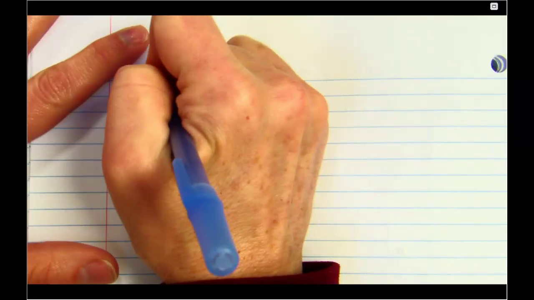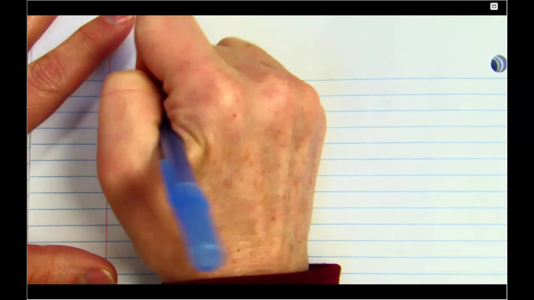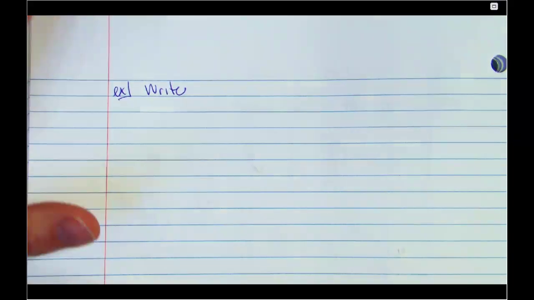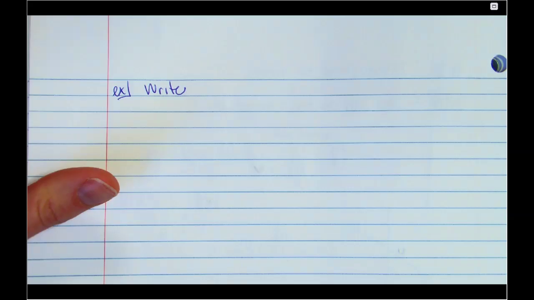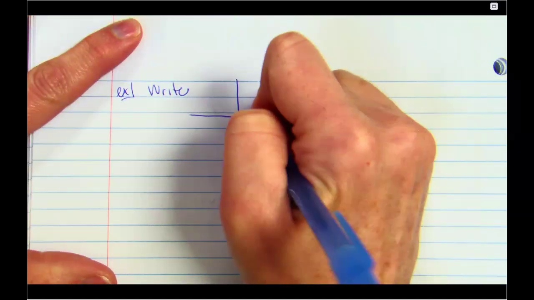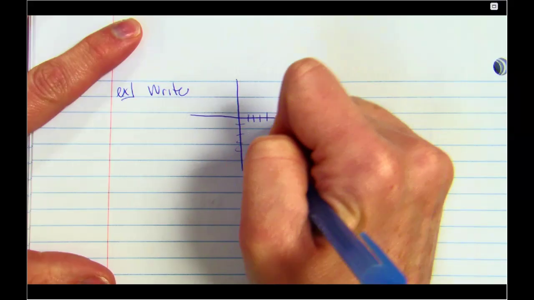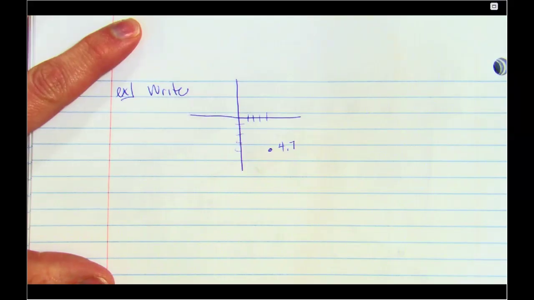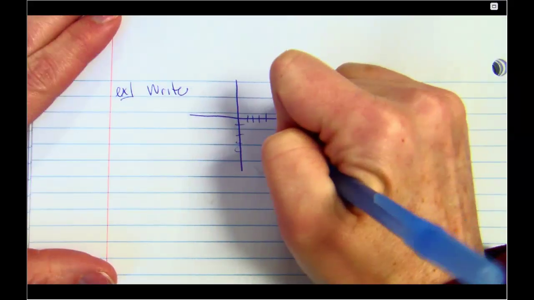So let's say that we would like to write, 1, 2, 3, 4. I'm not drawing this all. This is 4, -7.